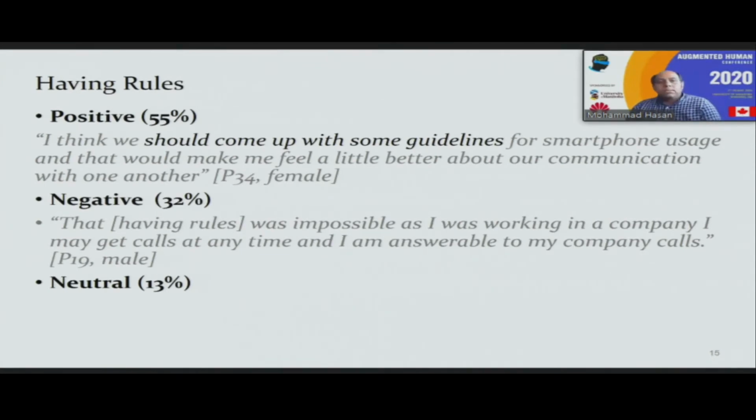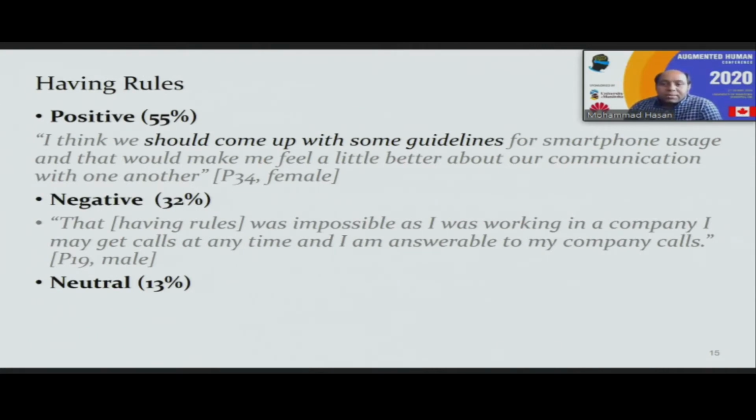We also asked questions to the people who do not have any rule for their partner: how do they feel about having some rules to restrict their smartphone usage? We found that more than half of the participants welcome the idea of having rules, as it could possibly help to ensure quality time with their partner. 32% of participants expressed concern about having rules or strict agreements.